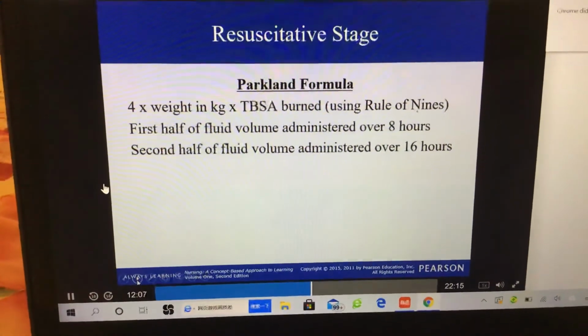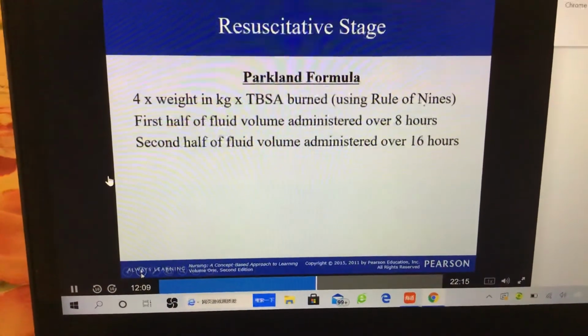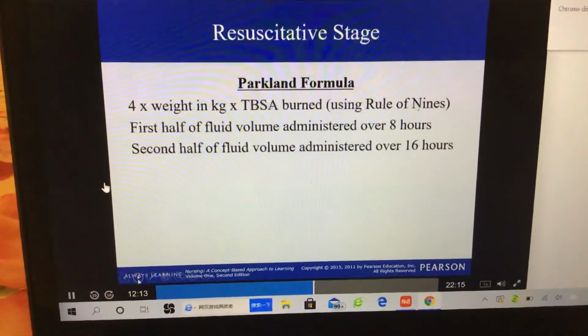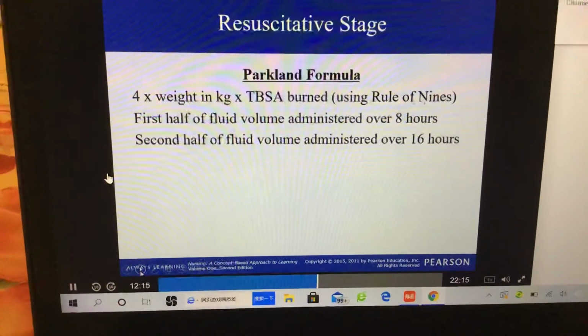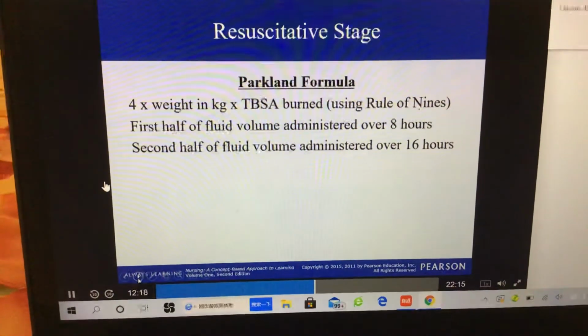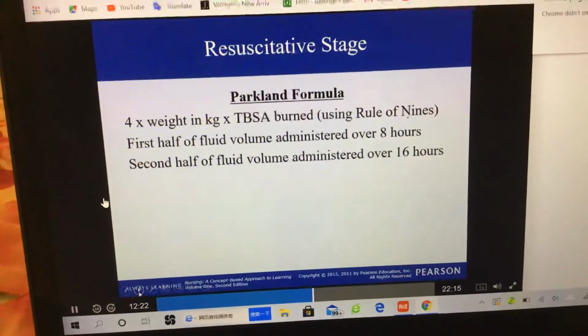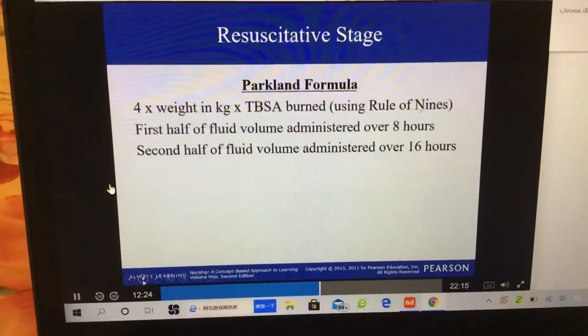The Parkland formula is commonly used to calculate fluid resuscitation. The formula is calculated as 4 times the patient's weight in kilograms times percent of total body surface area burned.